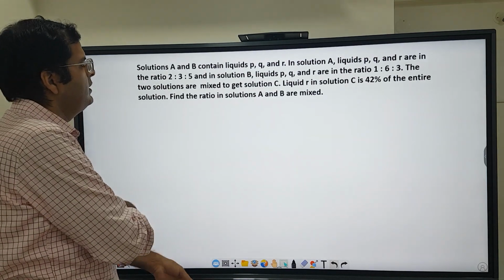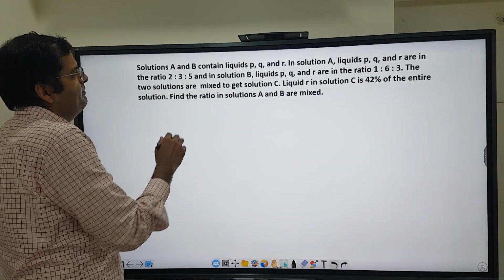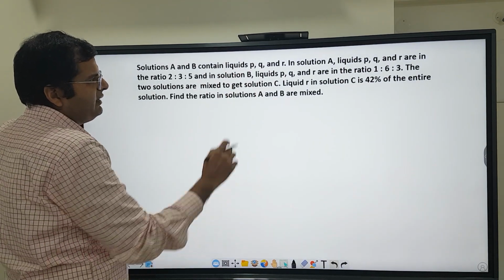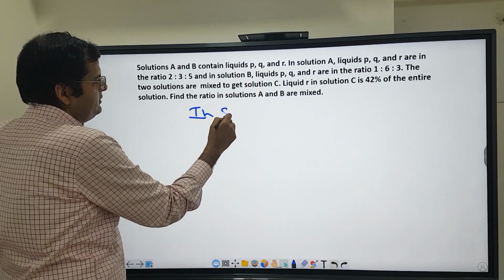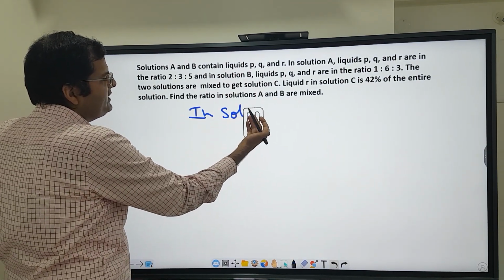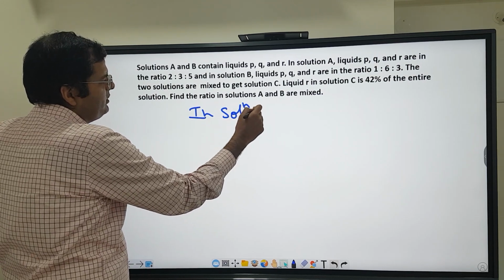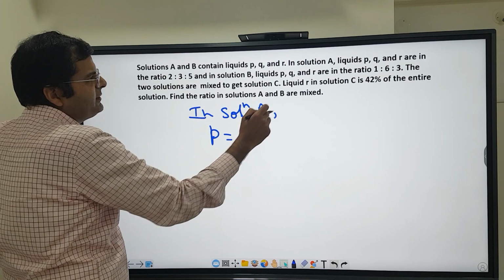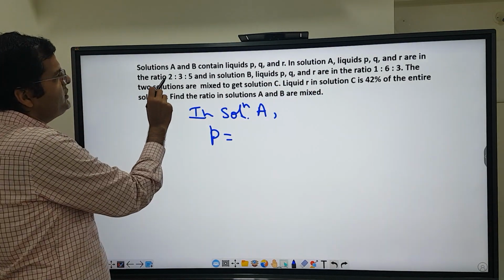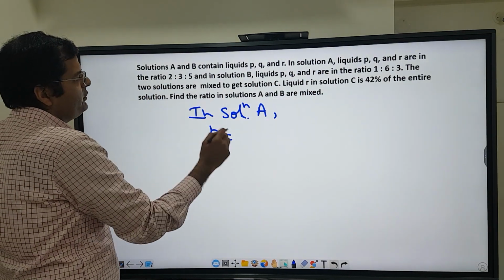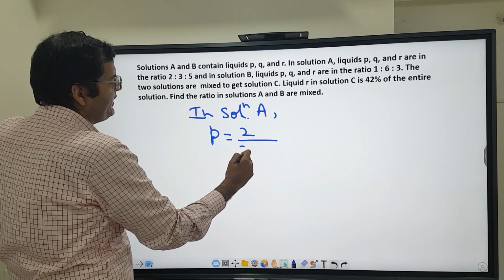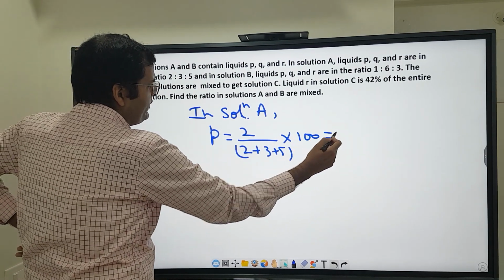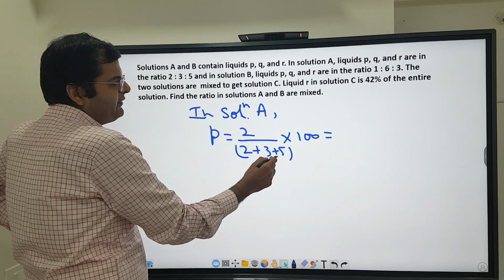Now over here, solutions A and B both contain P, Q and R. So first I will write everything in terms of percentage because that is easier to calculate. In solution A, P will be how much percentage? P, Q and R are in the ratio 2:3:5. So P's percentage will be 2 divided by 2 plus 3 plus 5, into 100. Straightforward. 2 plus 3 plus 5 is 10.